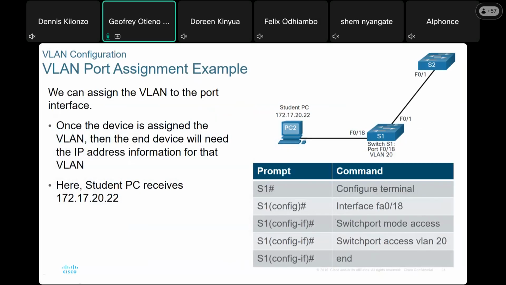Once the device is assigned the VLAN, the end device will need the IP address information for that VLAN, so of course you'll have to set that. For example, on a student PC, look at the IP address that has been assigned. If you look at the third octet, 172.70.20, that 20 usually represents the VLAN ID, so this is VLAN 20. Then the last octet, .22, is the PC number.